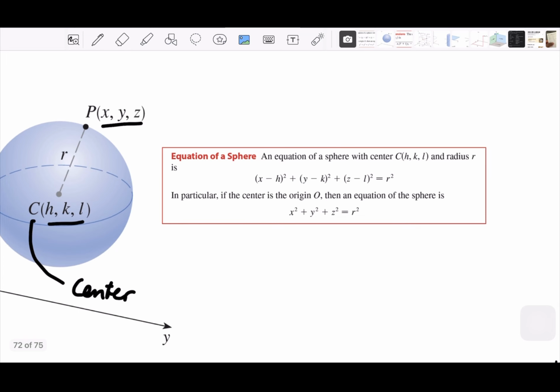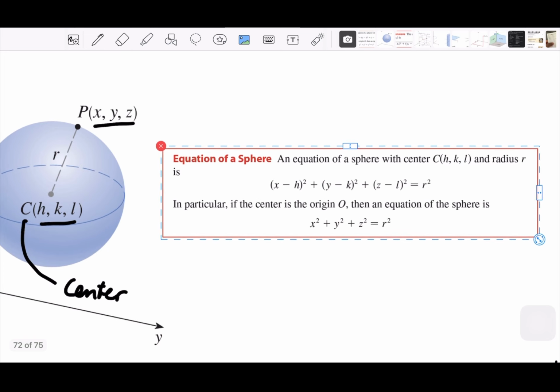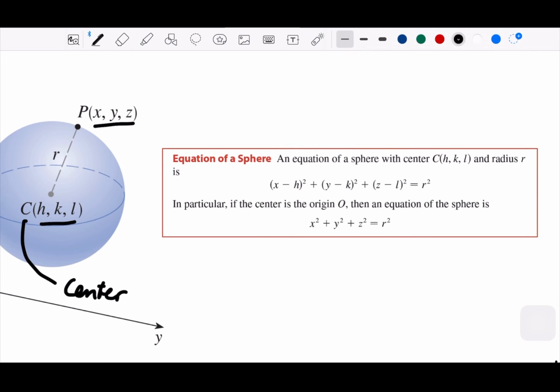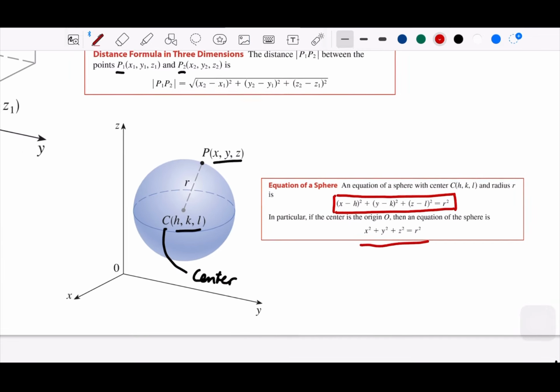If we have the center h, k, l and the radius r between P and C, we can write the distance equation. And if the center is at the origin, then we could just write x squared plus y squared plus z squared equal r squared.